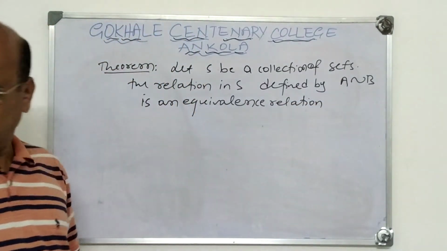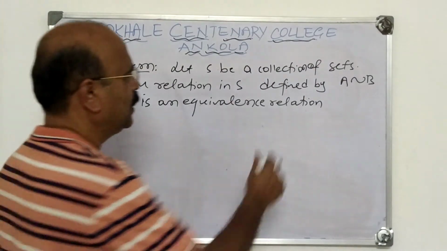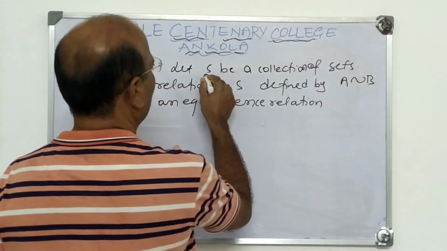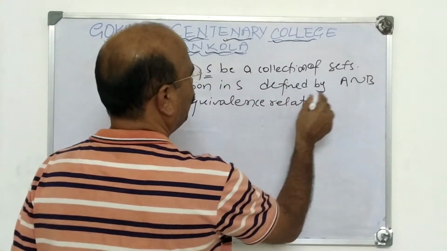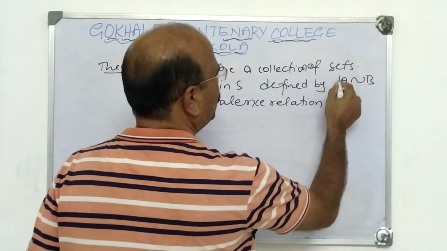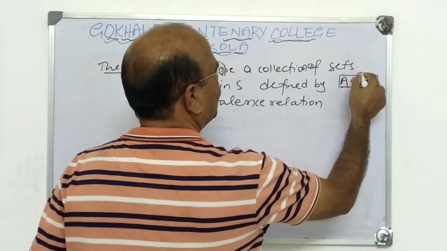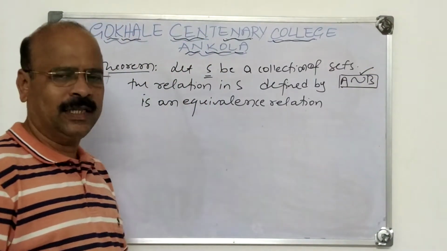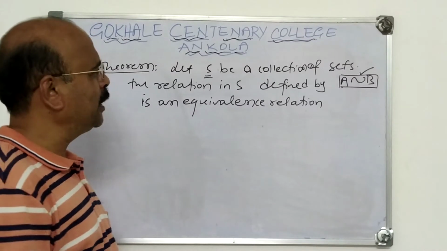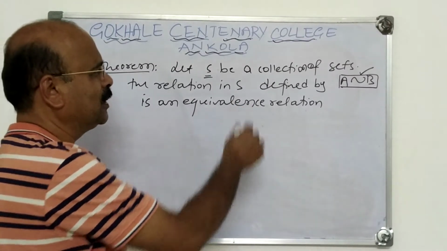What is the relation defined here? S is a collection of non-empty sets, and the relation is defined by A is equivalent to B. This is the relation, and we have to prove that it is an equivalence relation. You have studied relations. Also, what is an equivalence relation?